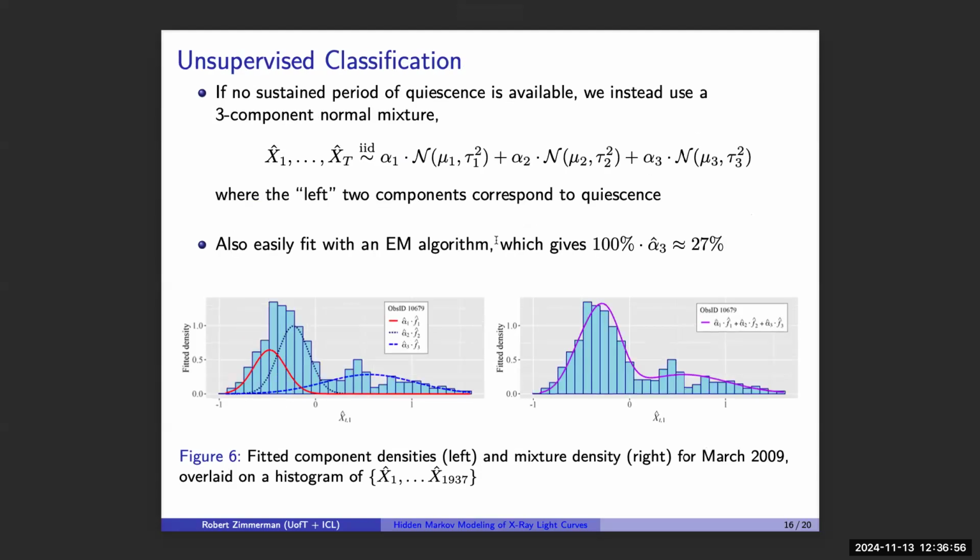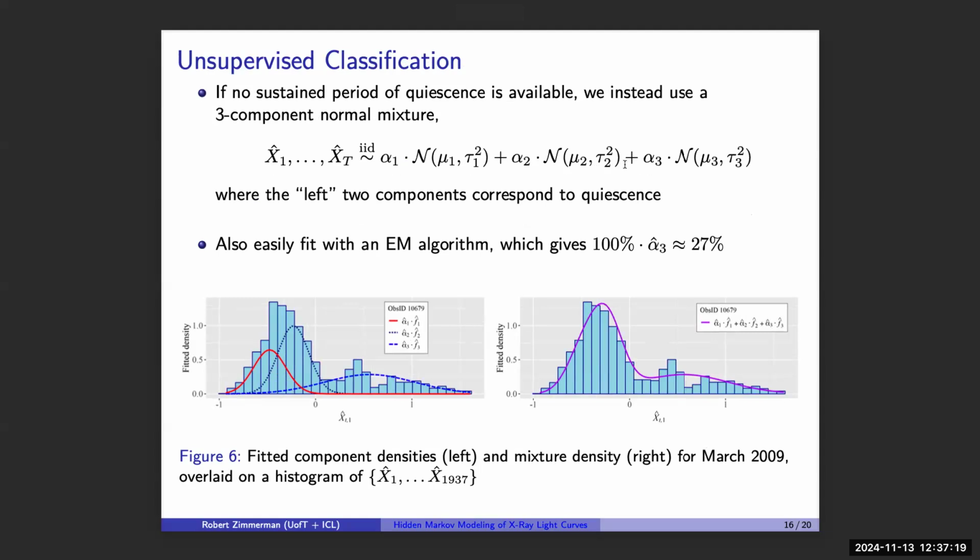On the other hand, if we're dealing with the March 2009 data, where we don't have a very obvious sustained period of quiescence, then we found it's actually better to use a three-component mixture model. In this case, all the components are normal distributions, and the left two components, in quotes, correspond to quiescence.